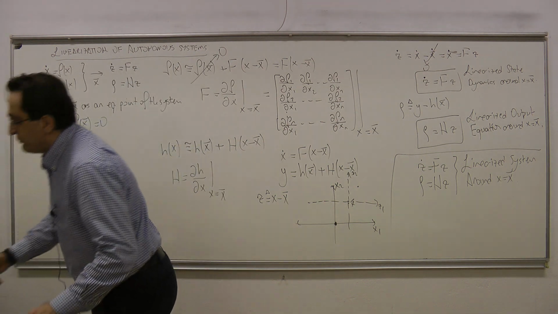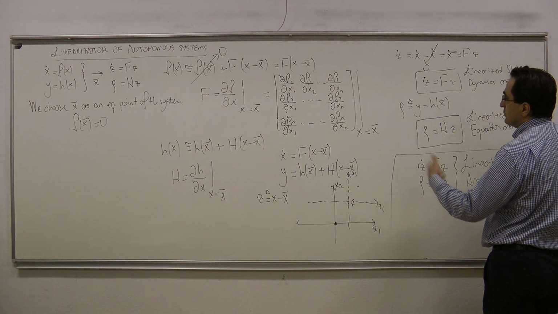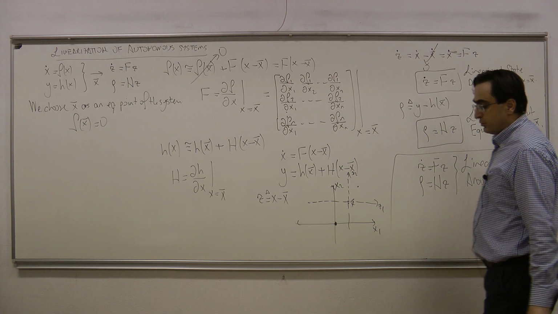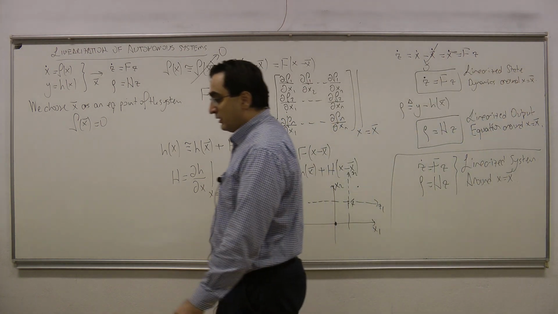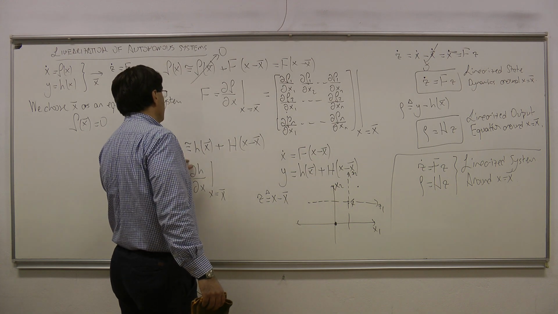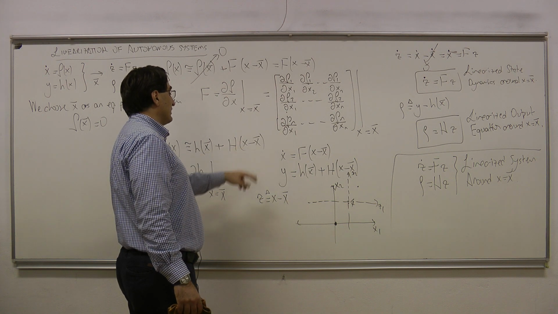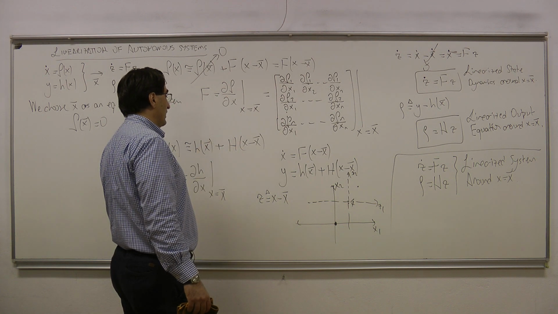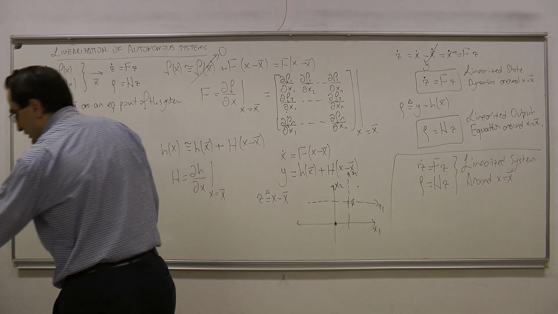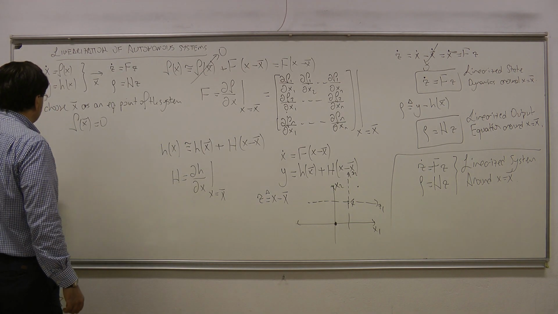Maybe before talking about the example, I should tell you the thing that I have talked about in the last lecture. So remember, Taylor series approximation would be only valid or only accurate if x minus x bar is small. All right? So remember a general Taylor series expansion of the function f.